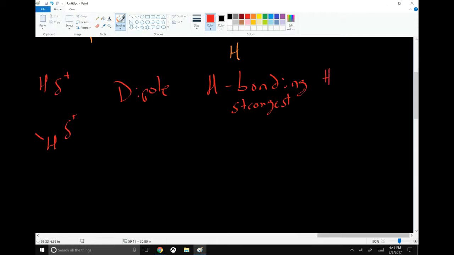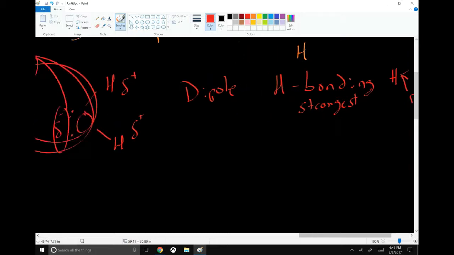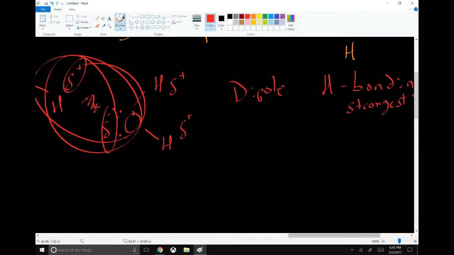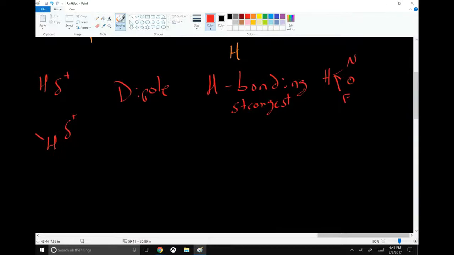And that happens when you have hydrogen bound to either nitrogen, oxygen, or fluorine. So if you see hydrogen bound to any of those three, then you know the potential for hydrogen bonds exists. And you see a hydrogen bond over here with oxygen and hydrogen. So water forms lots and lots of hydrogen bonds. That's why it has such strong intermolecular forces.